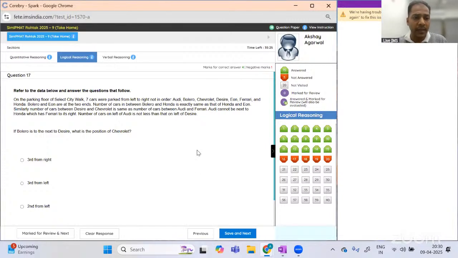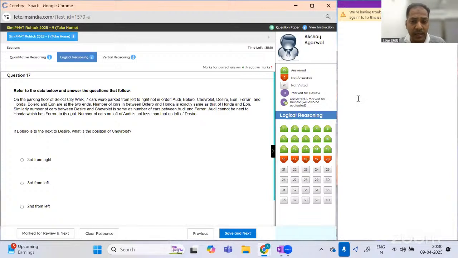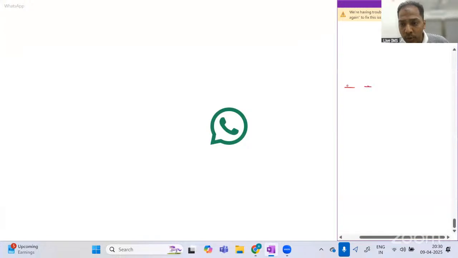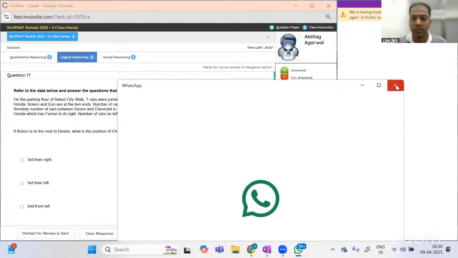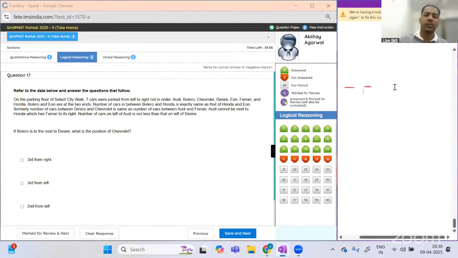On the parking floor of Select City Walk, 7 cars were parked from left to right, not in order. A, B, C, D, E, F, G, H. That's 8 cars. A, B, C, D, E, F, and H. There's no G. Bolero and Eon are at the two ends. The number of cars between Bolero and Honda is exactly the same as that of Honda, and Honda is at the middle, clearly.